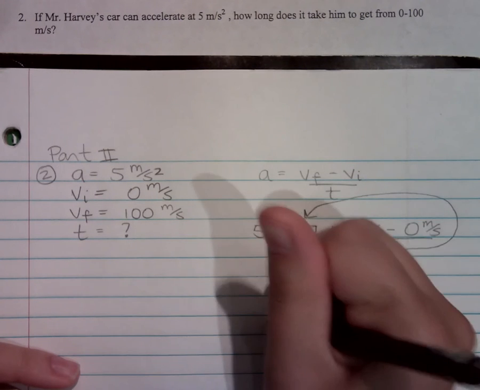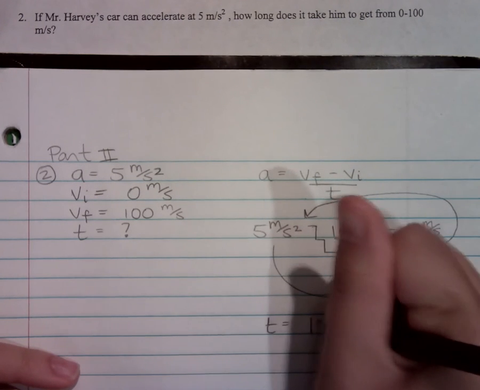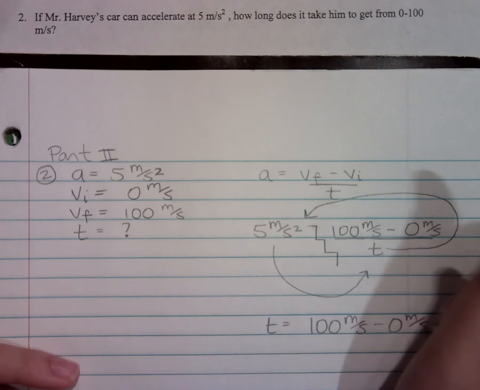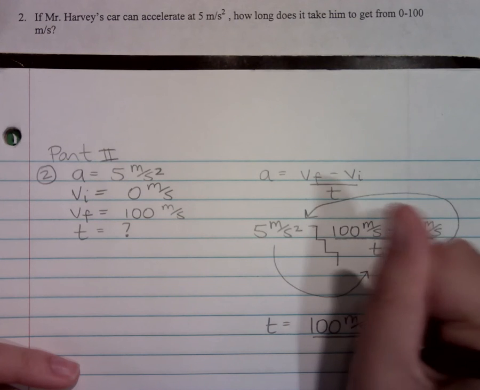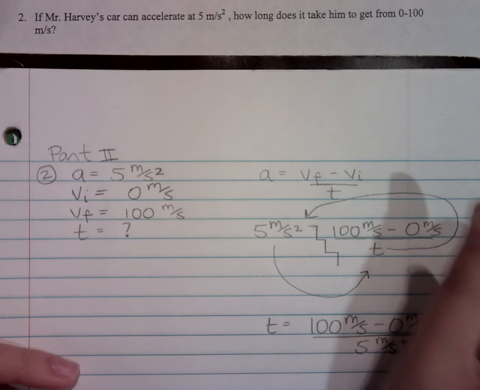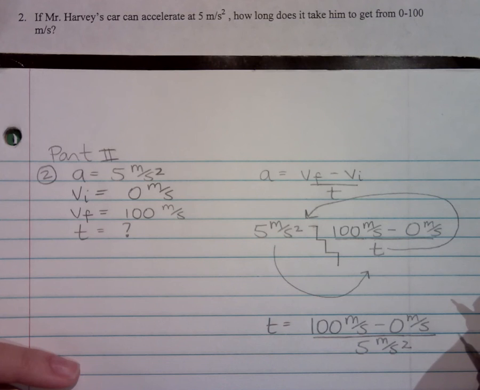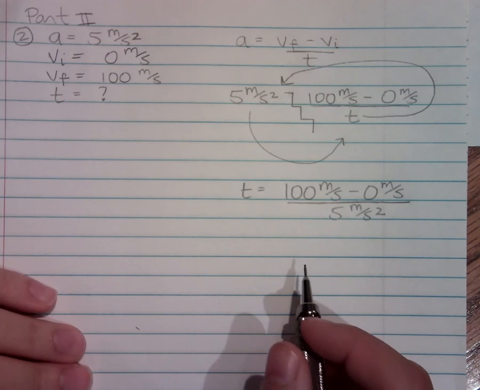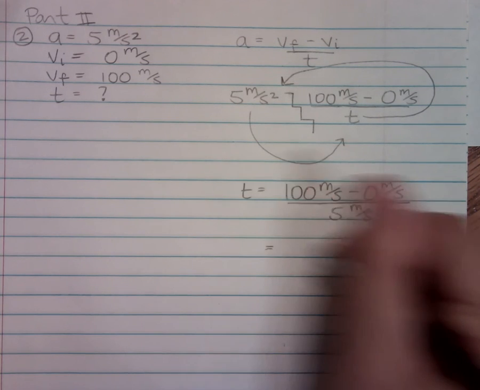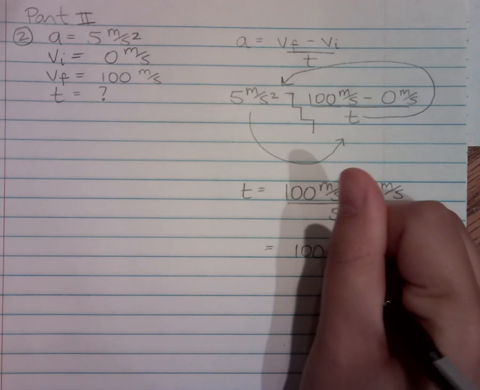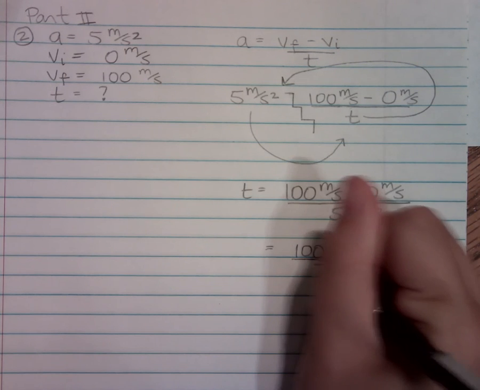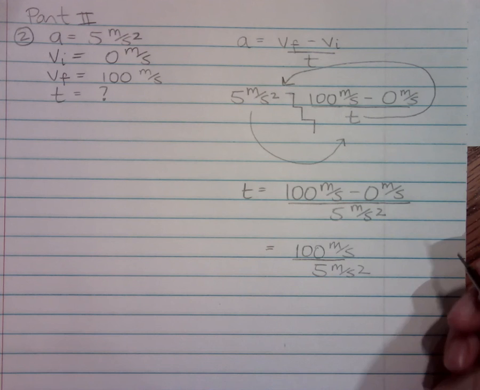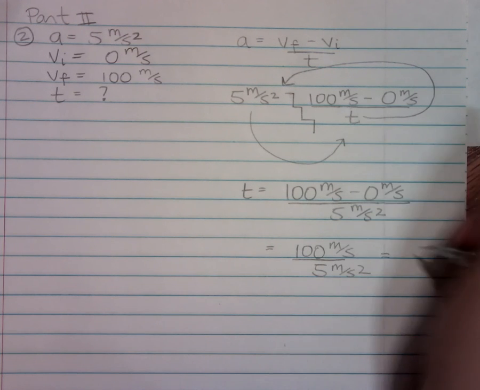So I can rewrite that as t is equal to 100 meters per second minus 0 meters per second divided by 5 meters per second squared. And so when I solve that, the number that I get is going to be equal to 20.